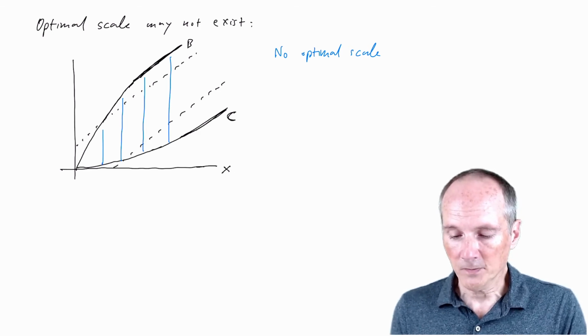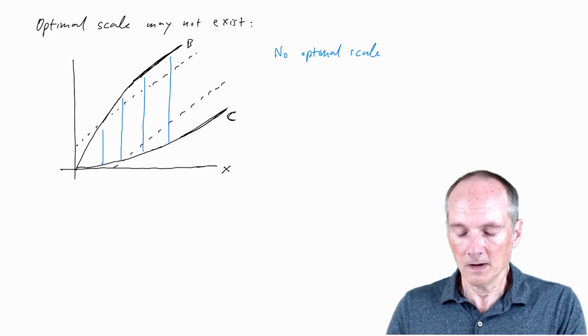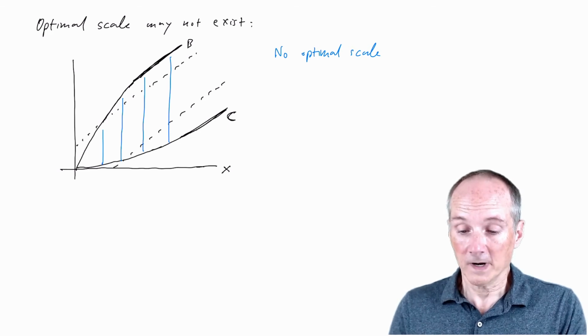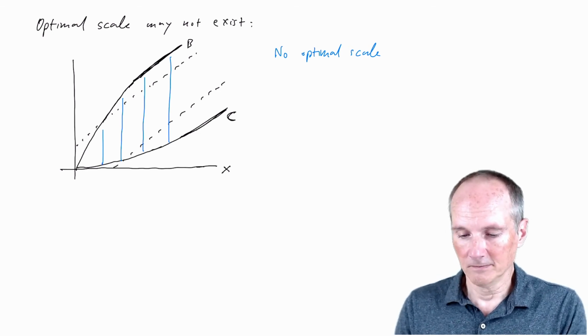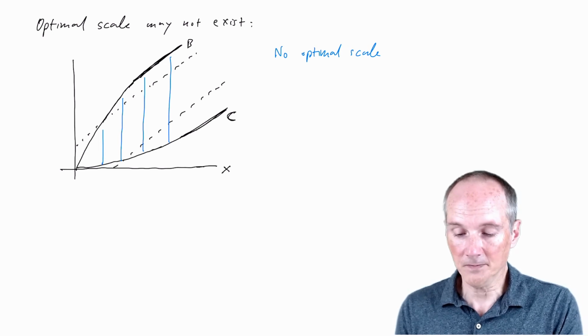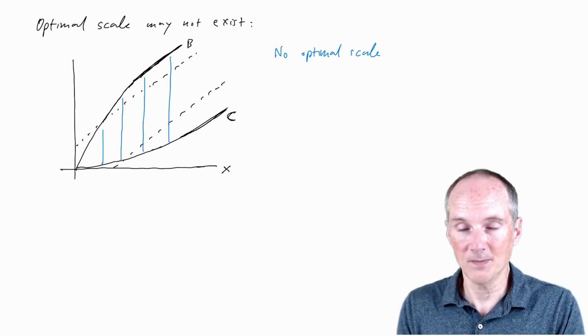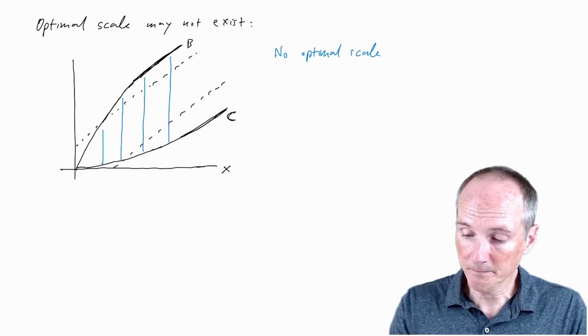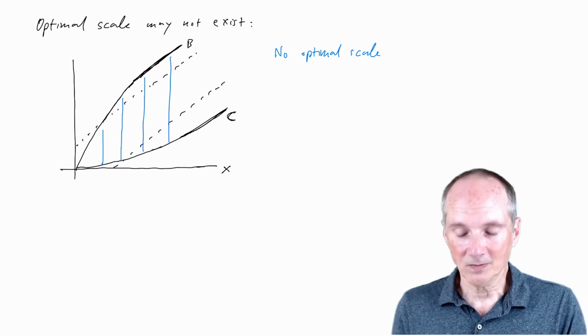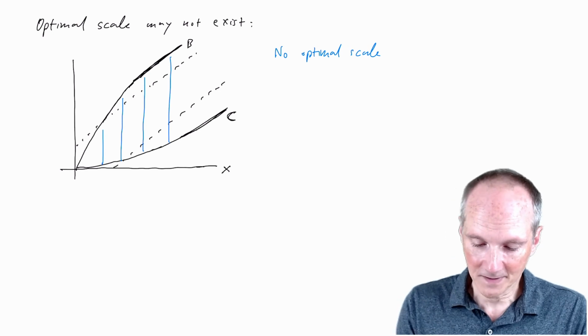So we just want to understand what kinds of conditions will rule that out, and then when we're applying the model, we can make sure that we are focusing on cases where the model actually is useful and actually has an optimal scale. So this is actually a simple problem, honestly.